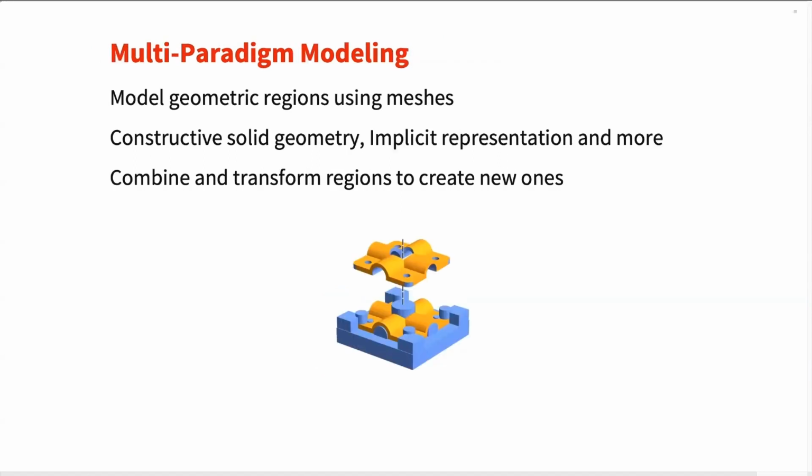In fact, you have several choices when it comes to which modeling approach is best suited for you on your project. That includes constructive solid geometry and implicit representation. For example, you can model geometric regions in 2 and 3 dimensions using polygonal mesh or from building primitives such as disk, ball, and toroids, and combine and transform them to create new ones.